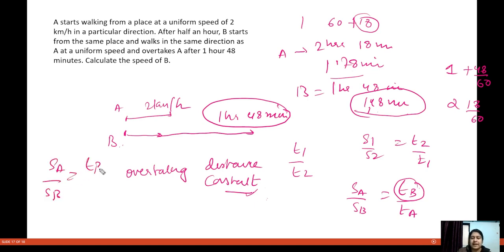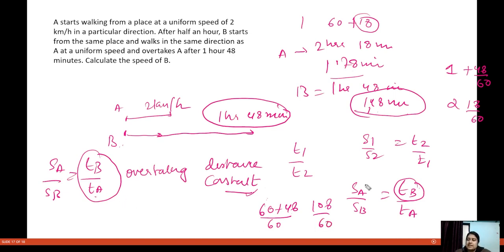So let us first calculate TB by TA. TB is 60 plus 48 divided by 60, so that is 108 divided by 60.